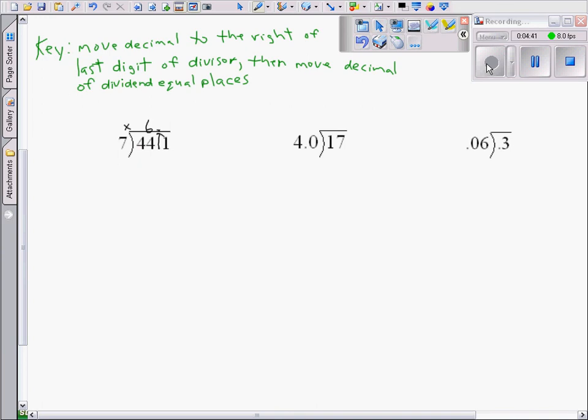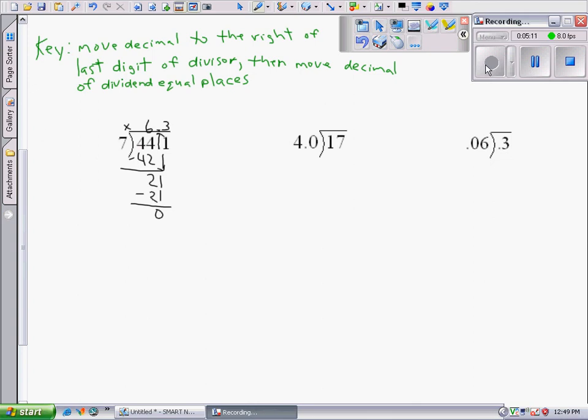We then take 6 times 7 is 42. Then subtract 42 from 44. That gives us 2. Carry down the 1. How many times can 21 be divided by 7? 3. 3 times 7 is 21. Subtract 21 from 21 and we get 0. Our answer is 6.3.